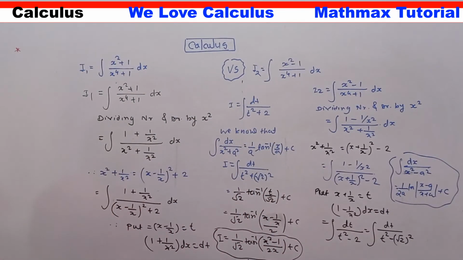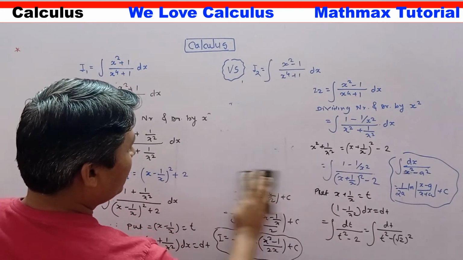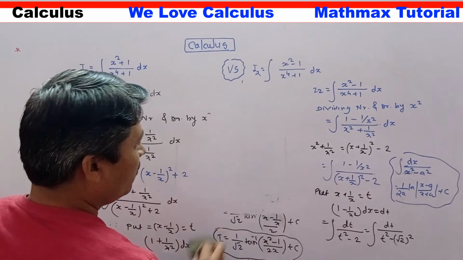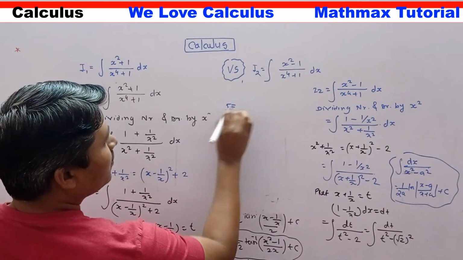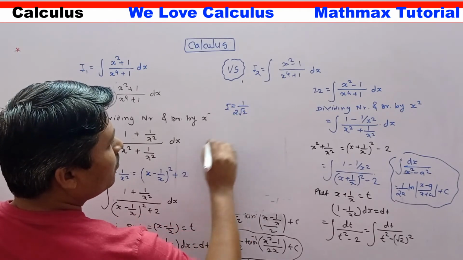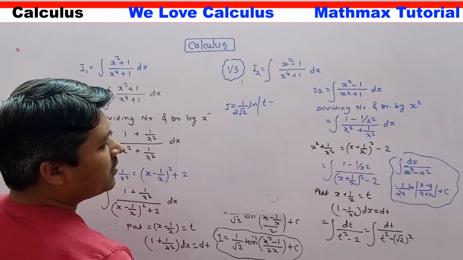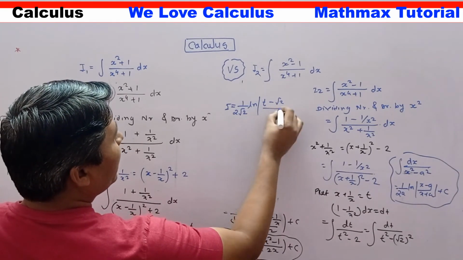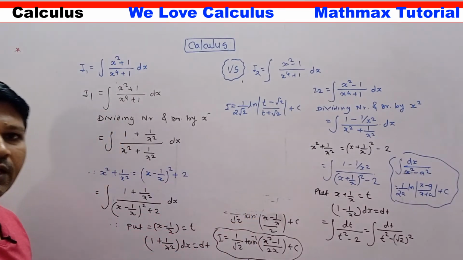Then finally we get the solution. I equals 1 by 2a, that is 1 by 2 root 2, times ln of (t minus a) over (t plus a), where a is root 2, plus c, the constant of integration.